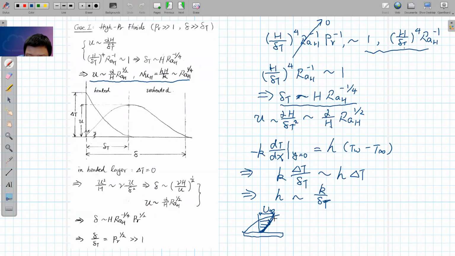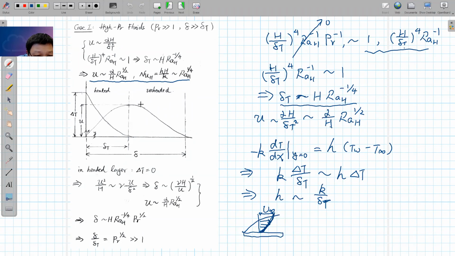For our previous problem, the forced convective boundary layer, the momentum equation only has two terms, the convection term and the viscous term. So only these two terms need to be balanced. But for free convection, we have three terms in the momentum equation, and all three need to be balanced.